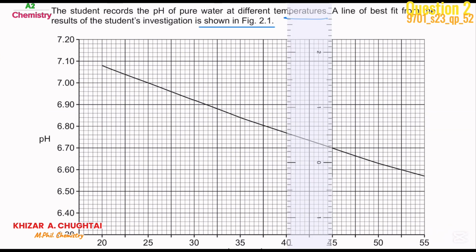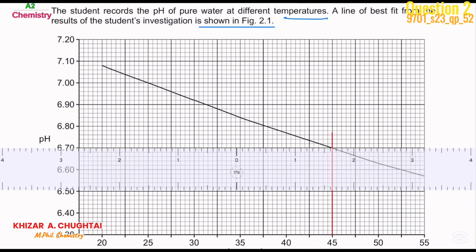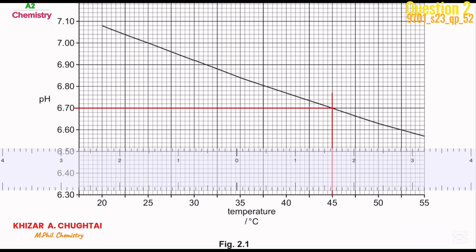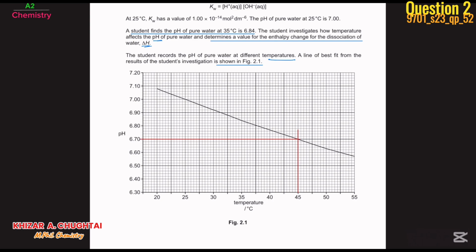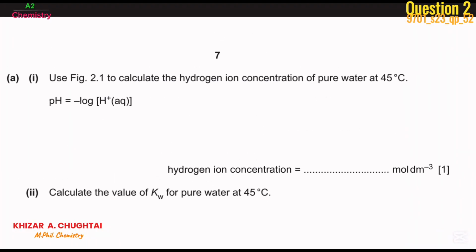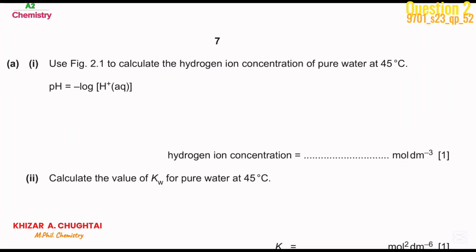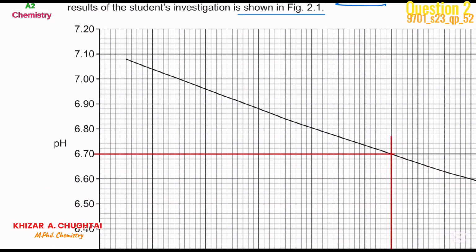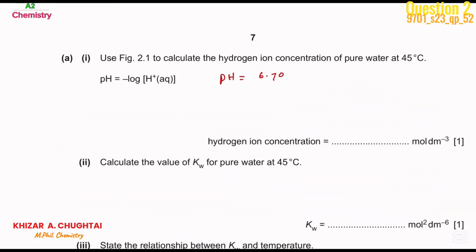In front of 45, this is the line, and here we can see the value of the pH is 6.70. So pH is equal to 6.70, with the help of this figure.